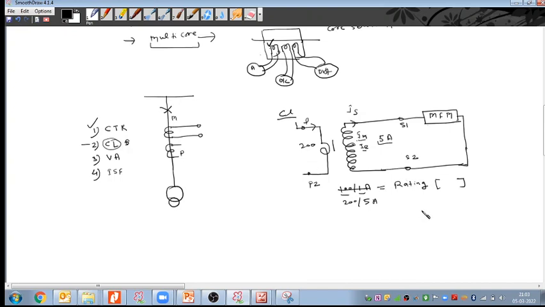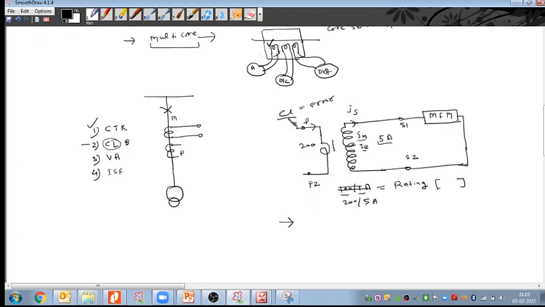So now the accuracy class, or maximum allowable error, we need to select. Please focus, please concentrate. The allowable error means accuracy class. So if I'm saying accuracy class, you need to understand that it is the error, as we discussed here.